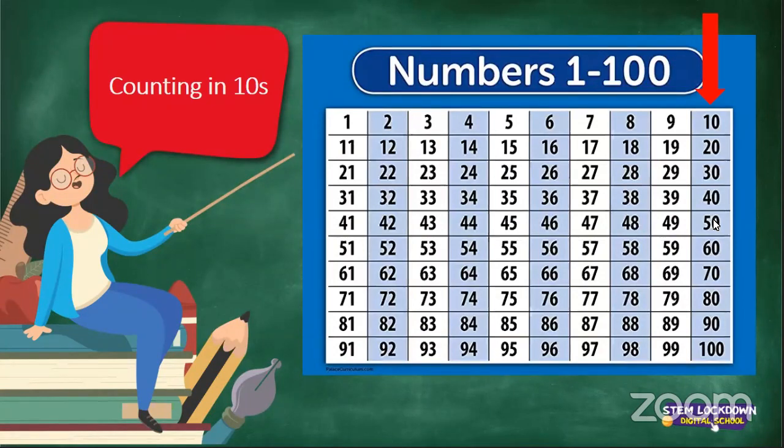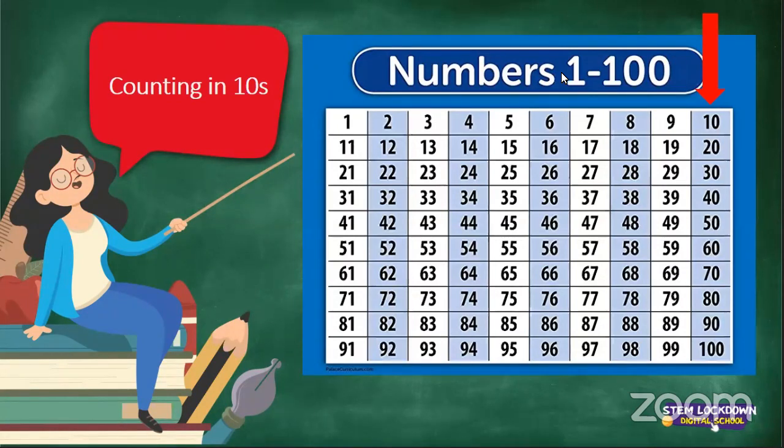But we're only going to practice counting in tens from 10 to 50. So let's see. Who knows how to count in tens up until 50? Raise your hand. I'll unmute you, and then you can do that for the class.